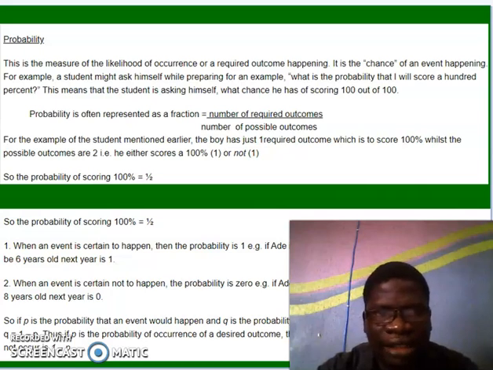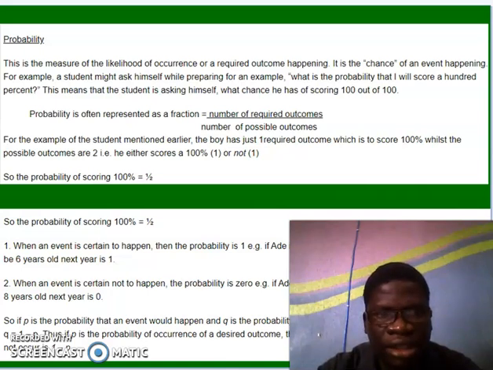So here it goes. Probability is often represented as a fraction, that is, number of required outcomes over number of possible outcomes. For the example of the student mentioned earlier, the boy has just one required outcome, which is to score 100%, whilst the possible outcomes are two.